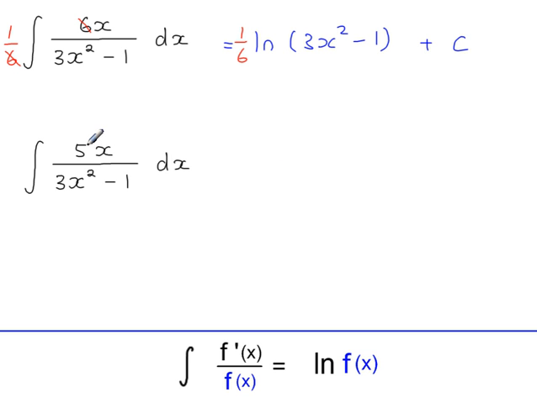And then to get the 5, we need to multiply both sides by 5. So I need to multiply by 5 here, and I need to multiply by 5 here. So the result is 5/6 ln 3x squared minus 1 plus c.